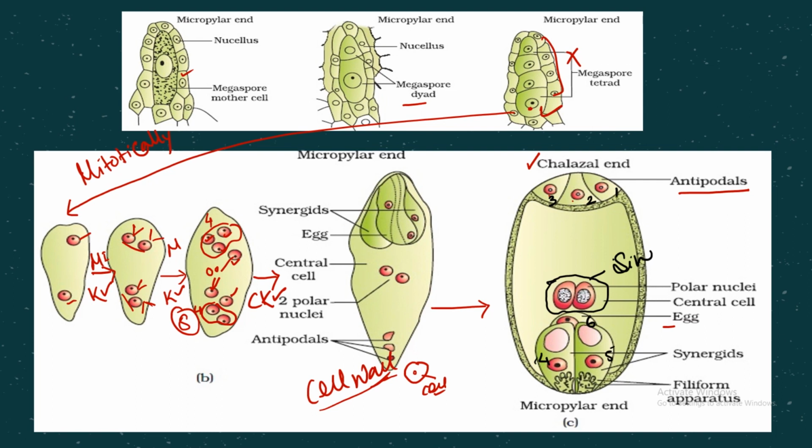So now 1, 2, 3, 4, 5, 6, and if you consider this as a single cell, that means the 7th cell. That means inside the mature embryo sac there is the formation of a total of 7 cells and 8 nuclei. 7 cells and 8 nuclei.